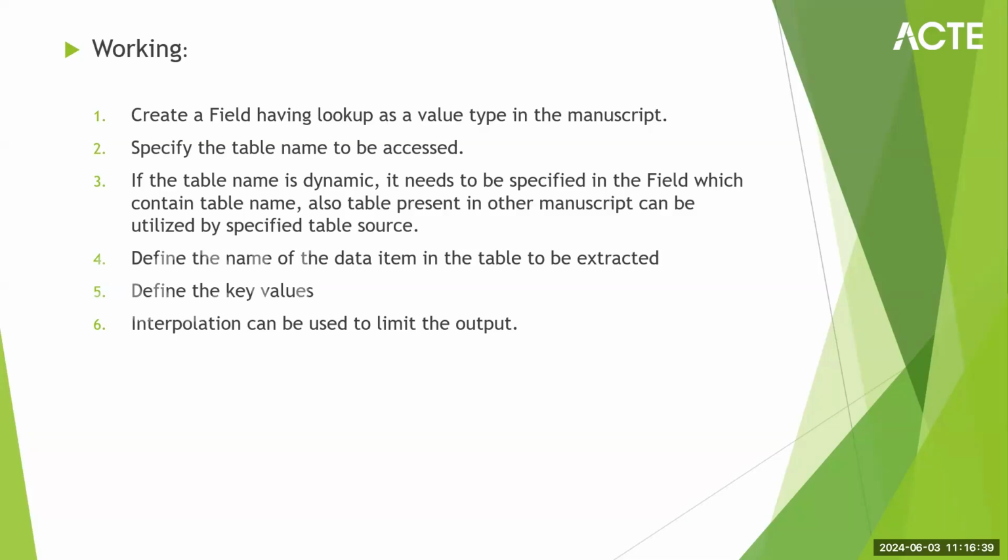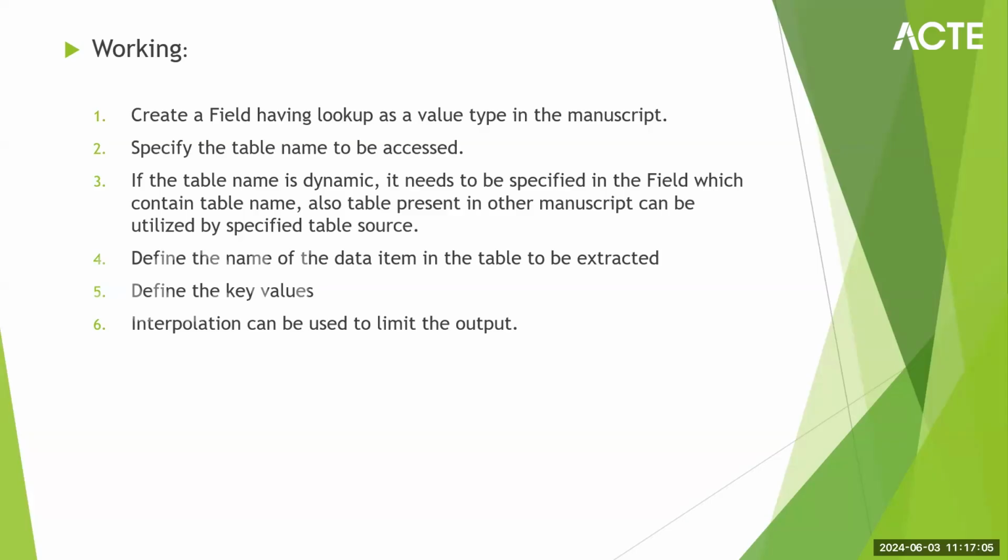Define the name of the data item in the table to be extracted. Nothing but the key value I need. And define the key value, California. I'll define the key value as California, and the respective shortcut will be retrieved.